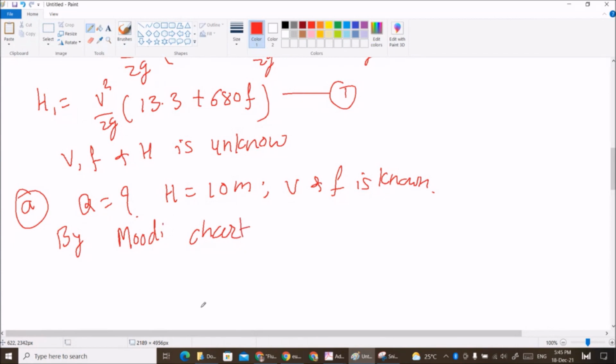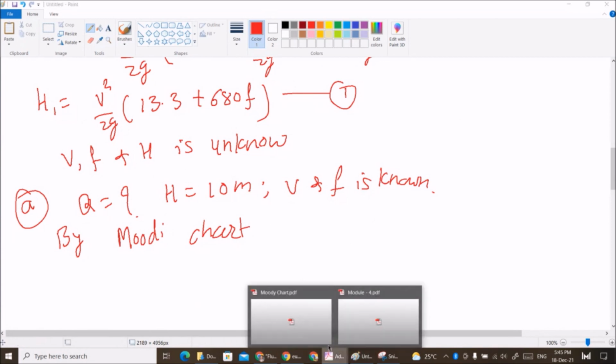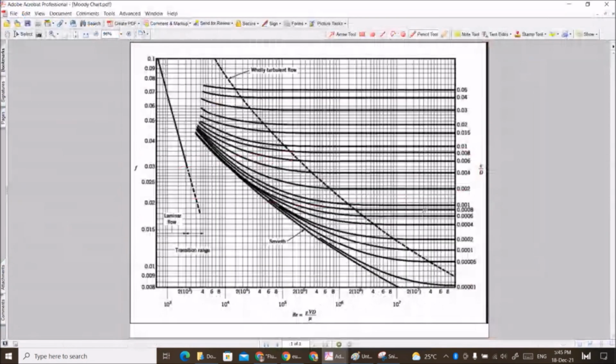Now I will explain how to use the Moody chart. Here, epsilon by D is given as 0.0017. So your value lies near about this 0.001, near about this 15. So here 0.0017.